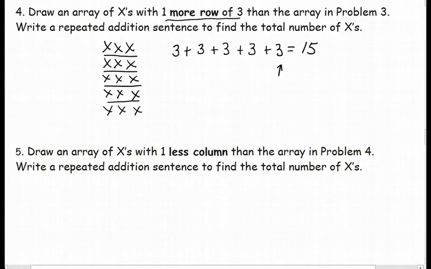And my last question says to draw an array of X's with one less column than the array in problem 4. In problem 4, we had 3 columns and there were 5 X's in each column. So now I'm going to draw an array with 2 columns, and there will still be 5 X's in each column.